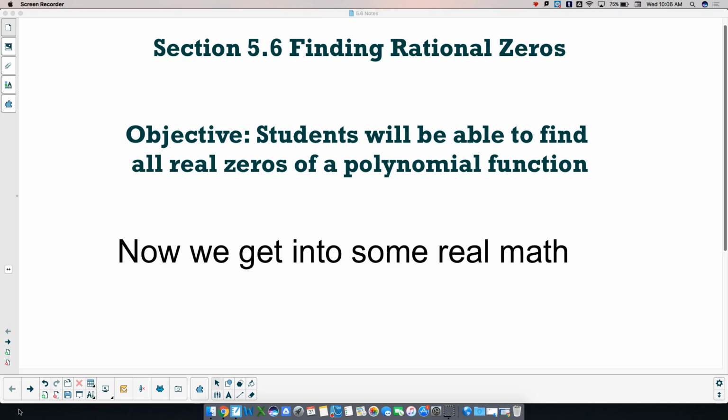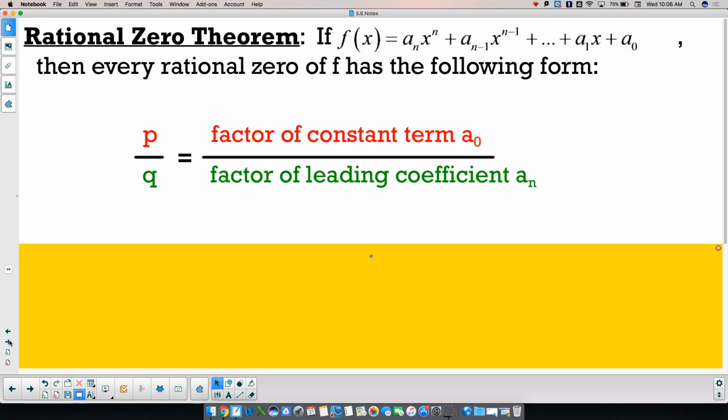It's good because it makes you think a little bit, and it's really not that involved. There's one extra little step that you have to do, and we can totally handle that. So the first thing that we have to talk about is something called the rational zero theorem.